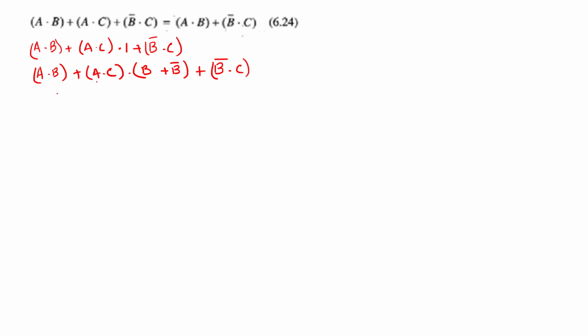Now if I assume this term over here is X, then I can use my distributive law on this. So this would become (X AND B) OR (X AND B bar).